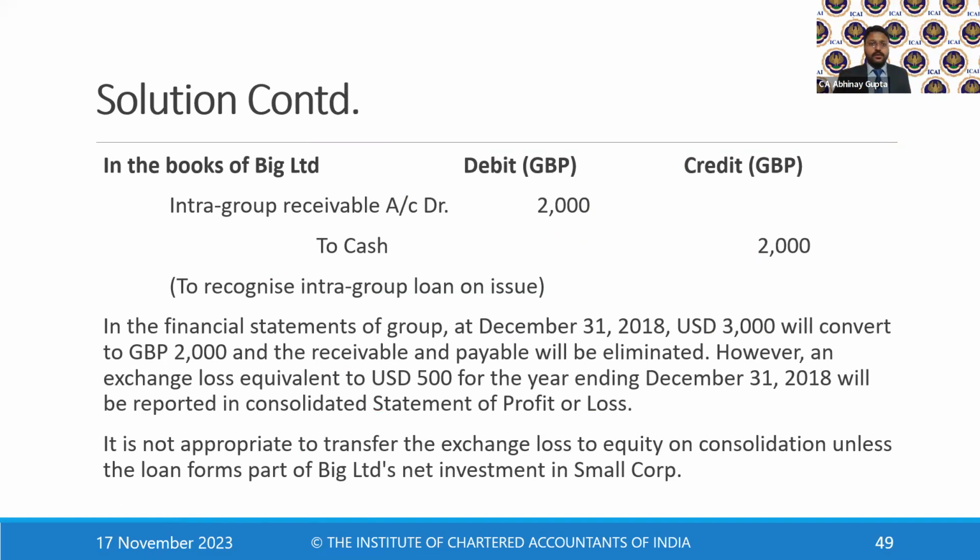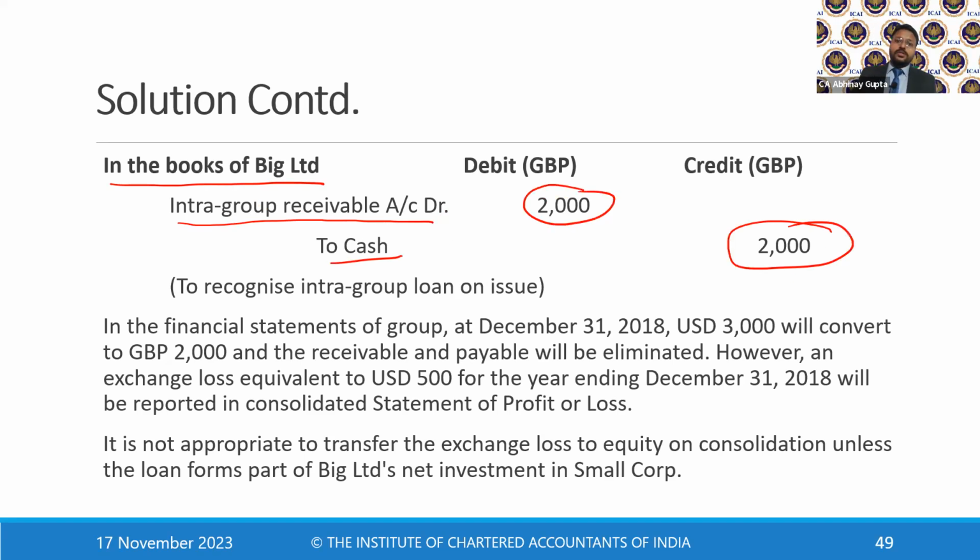Now, in the books of the parent company, P, Big Limited, intra-group receivable account debit 2000 GBP to cash 2000 GBP. Now, because the functional currency of Big Limited is what? GBP. And the loan is given in which currency? GBP.